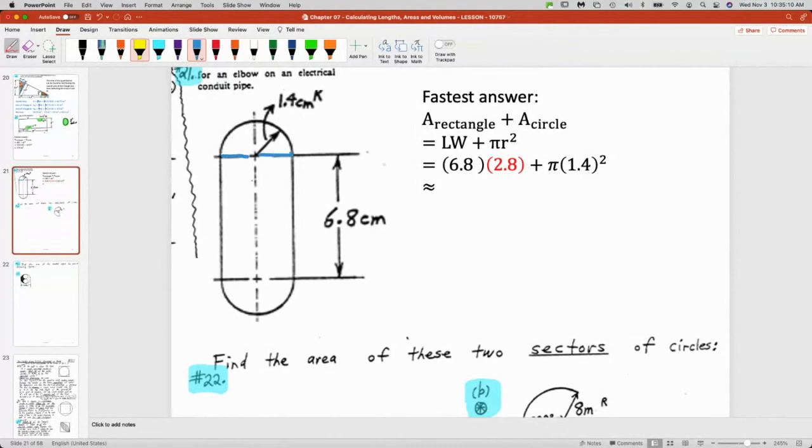So this is 1.4, that's 1.4. So that's how I got 2.8. You're welcome. So that is 25.2 units, centimeters squared. Let's not forget the units.